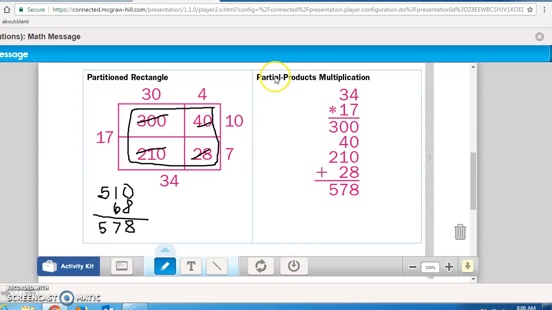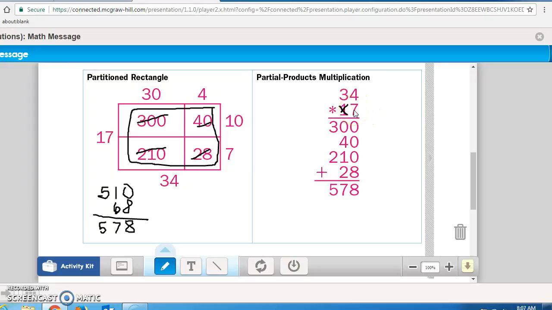Now when I go over here and do partial products multiplication, again, I start with my tens place. This is 10 times 30, which is 300. And then I take that 10 times the ones place, which is 4, which is 40. Now I'm done with that place value. I've used it both times.